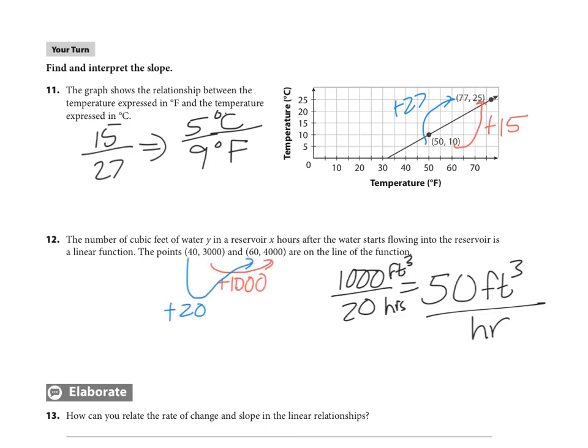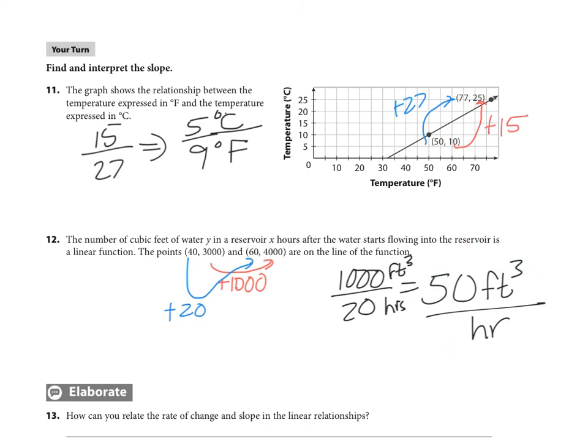All right, so in this next example, I did my change in y. My y went up 1,000. Change in x went up 20. Change in y over change in x, 1,000 over 20 is 50. Now, what did the y represent? It said the number of cubic feet of water, feet cubed. X is hours. So what does this mean?